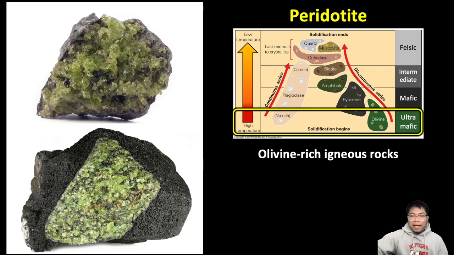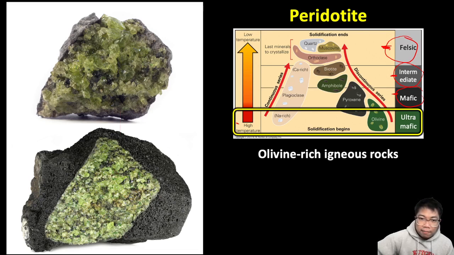The last thing I would like to mention is that we should not forget about the ultramafic rocks. We already learned about mafic, intermediate, and felsic: gabbro and basalt for mafic rocks, andesite and diorite for intermediate rocks, and granite and rhyolite for felsic rocks. So don't forget the ultramafic one.